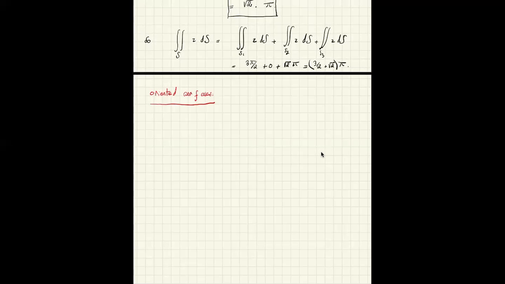So if you have, for example, a surface in 3D, take a point.